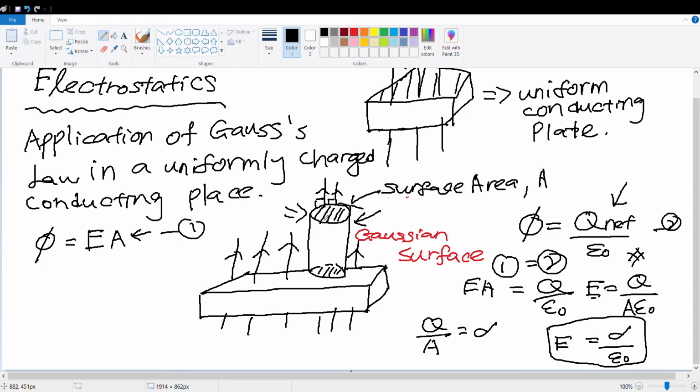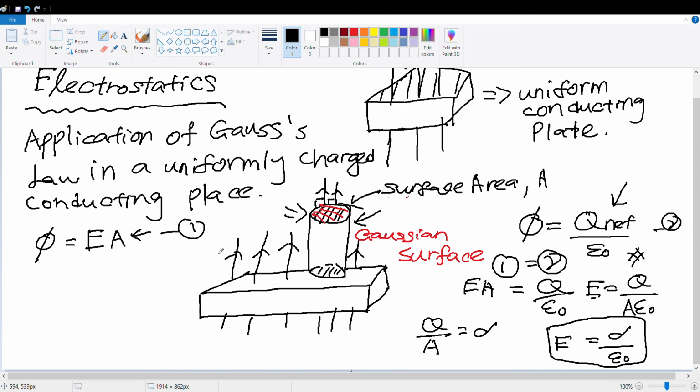Actually, the surface area should be above instead of the bottom. Note that this is the surface area of the Gaussian surface, instead of the surface area which lies below this cylinder.